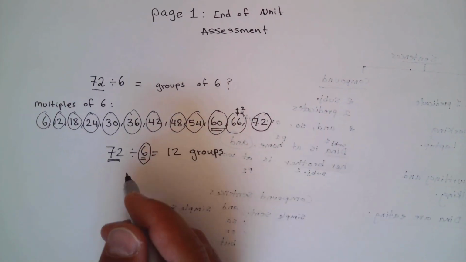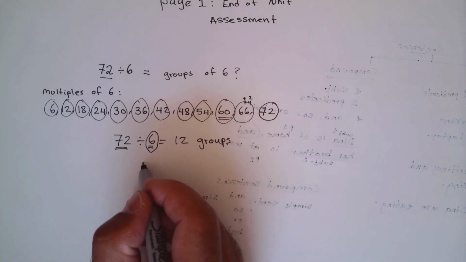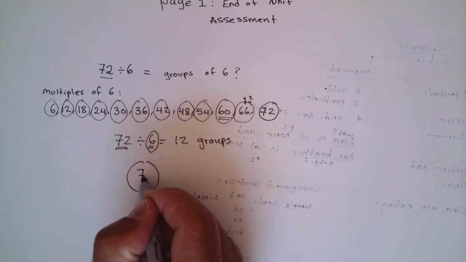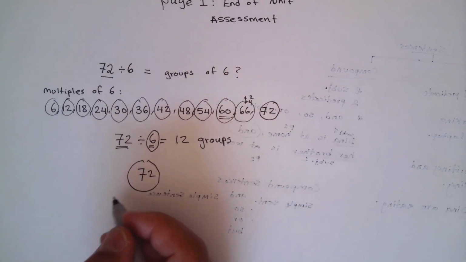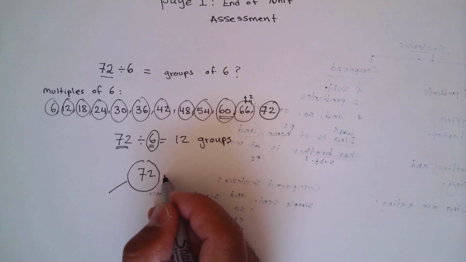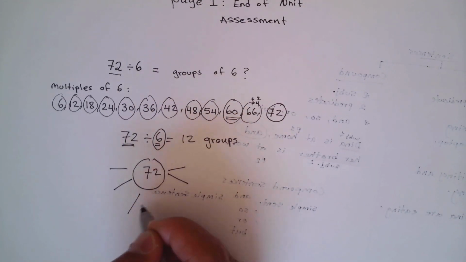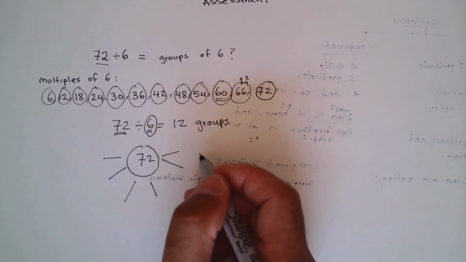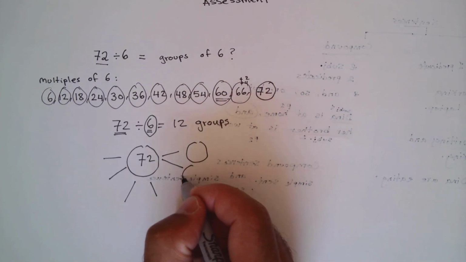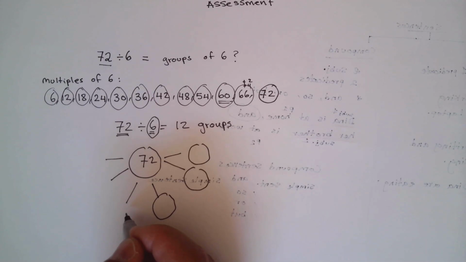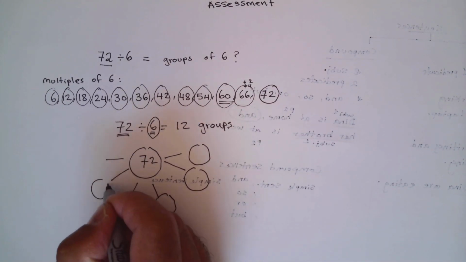Another way of thinking of division is we have 72 and we want to divide it, share it equally over 6 groups.